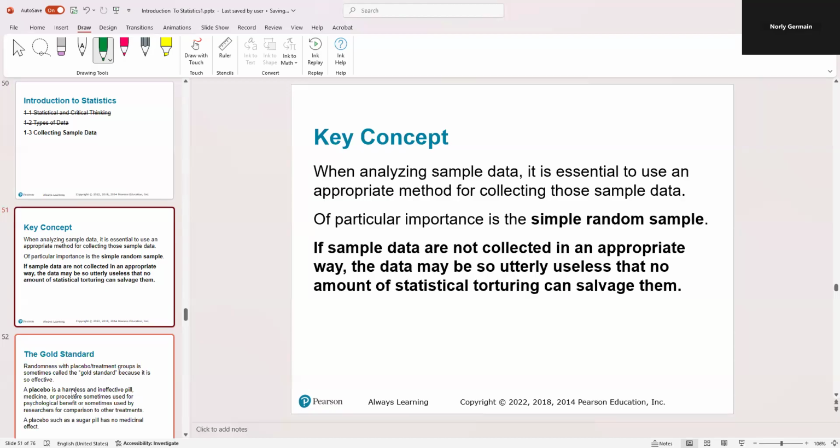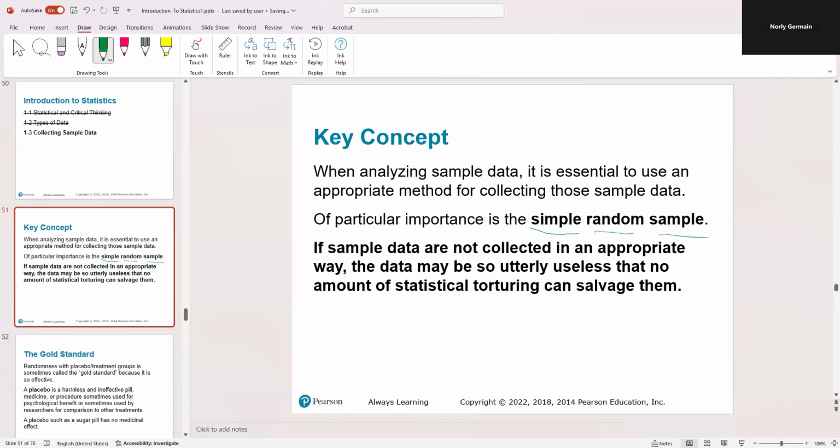Of particular importance is the method of using a simple random sample. So we will make frequent use of this sampling method throughout the many examples we're going to do.